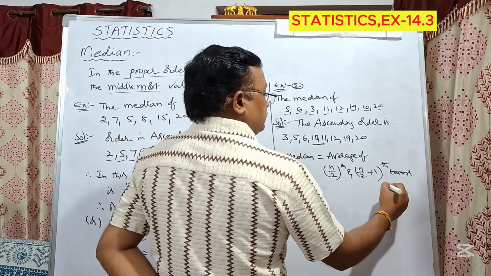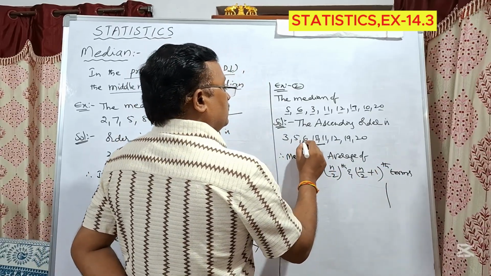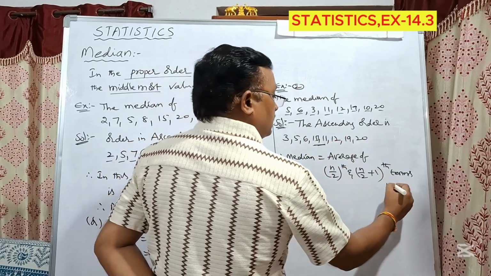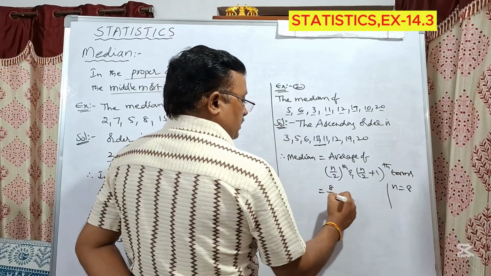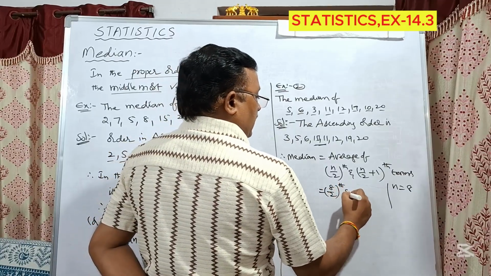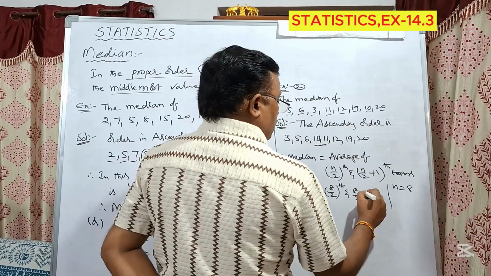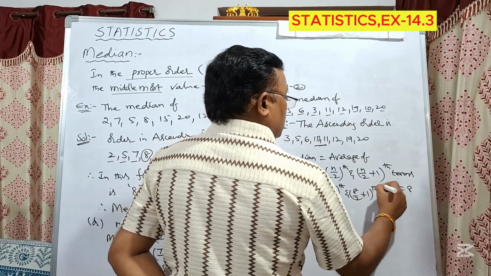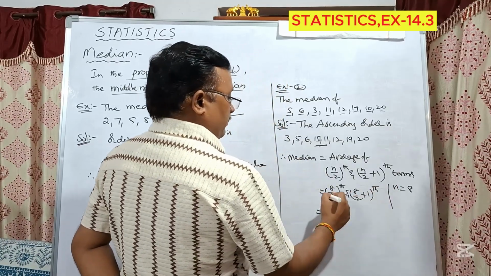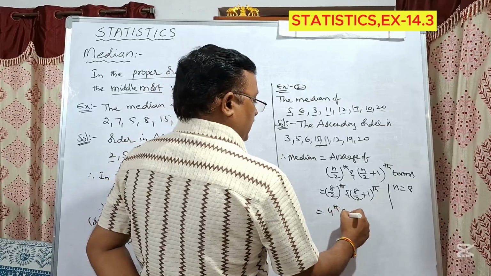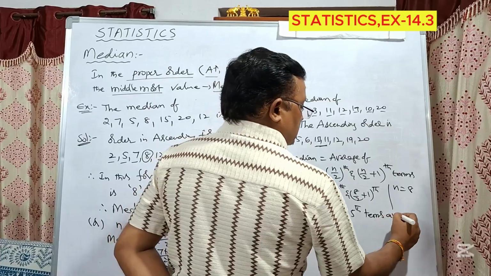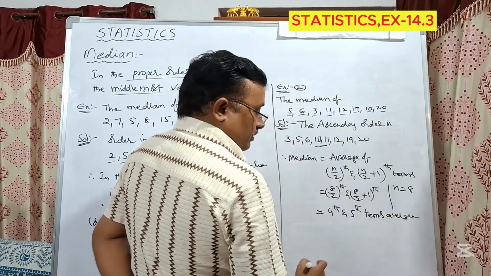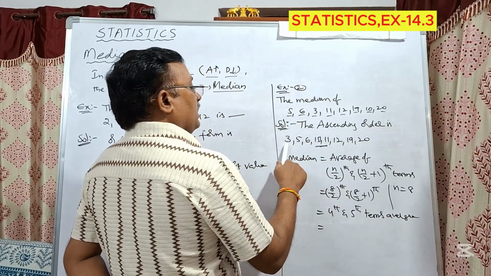So here n value, how much? 1, 2, 3, 4, 5, 6, 7, 8. So here n equals 8. That implies the 8 by 2th and (8 by 2 plus 1)th terms average we want. That is the 4th and the next 5th terms average we want. That's it. So what is the 4th term here?